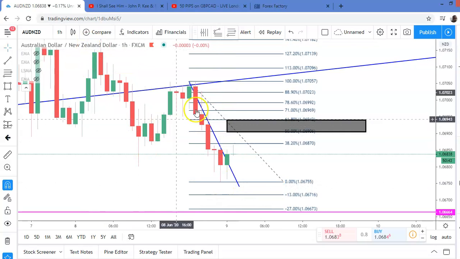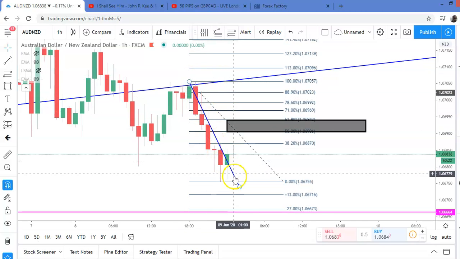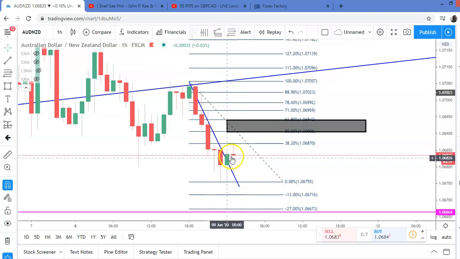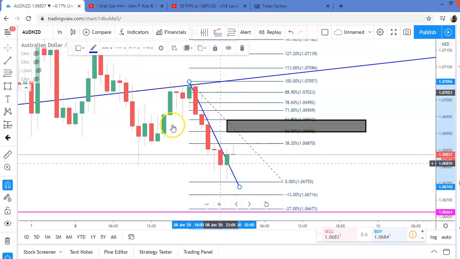So that would give, let's say if we were in the market or looking at our charts on this candle, on this hour, that would have been a good indication to determine how much further this descent would possibly go before a turnaround. So that's just another little trick.